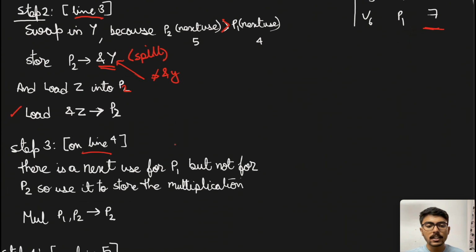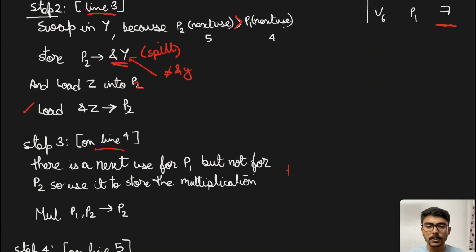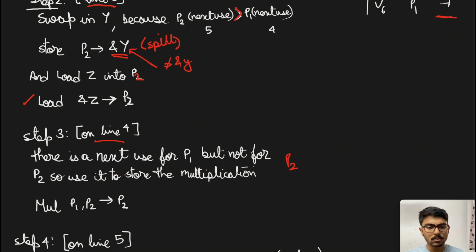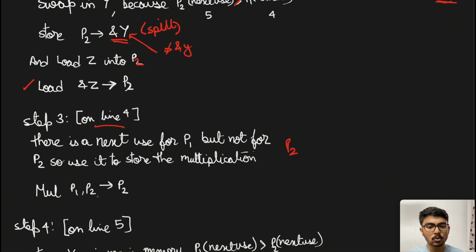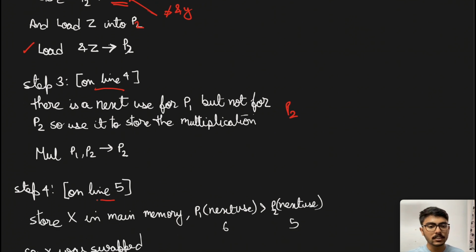So there is only one option with us, to use P2, because we do not have any other physical register to hold the value. So we have the multiplication of P1 and P2 and store the value in P2 itself. Perfect. Now we come to the next part, which is line number 5.